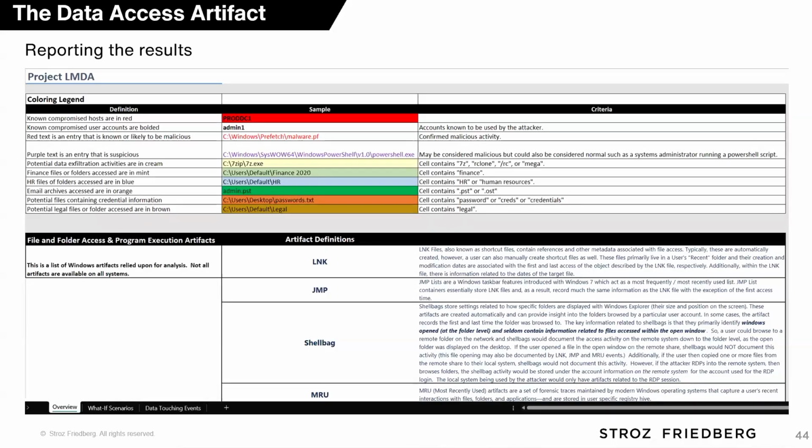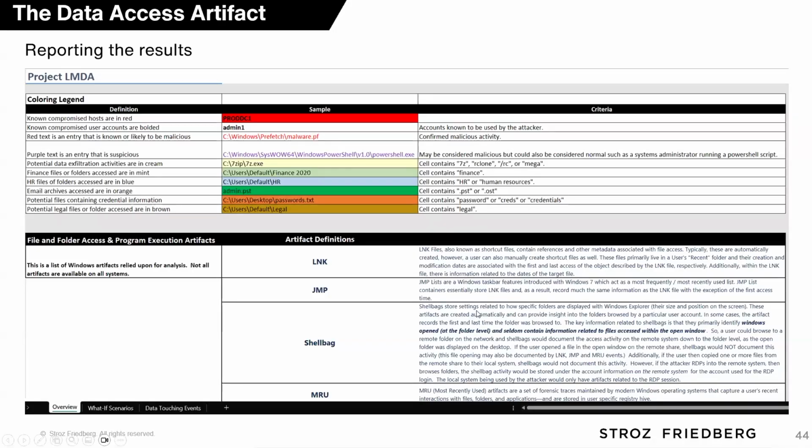And some of the highlights are baked in as conditional rules. So for example, if you have words like password or credentials in any of the cells, then they will be automatically highlighted with orange color. And same goes for finance or HR, very useful in identifying potentially sensitive files that may be accessed by threat actors.